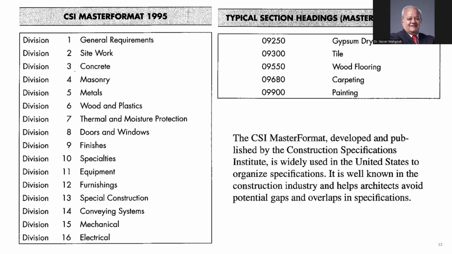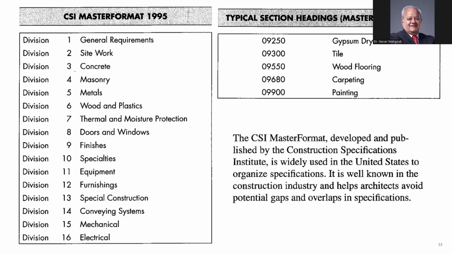This was until 2004. If you find only 16 divisions, this means that this is an old CSI format. The work was simple.